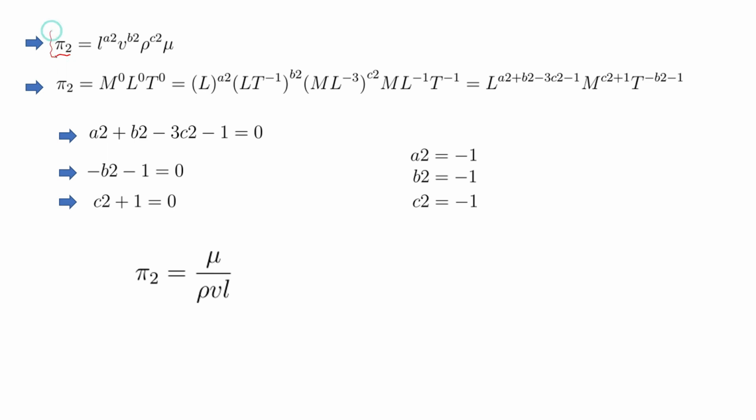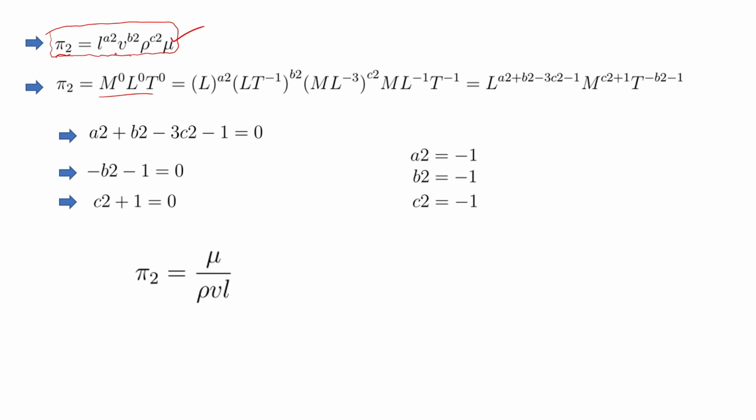That means the second pi term can be written as pi 2 is equal to L raised to A2, V raised to B2, rho raised to C2 into mu. So first three are the repeating variables and this mu is a dependent variable, which is not a repeating variable. So you will select mu here. So pi 2, you know the dimensions are M raised to 0, L raised to 0, T raised to 0.